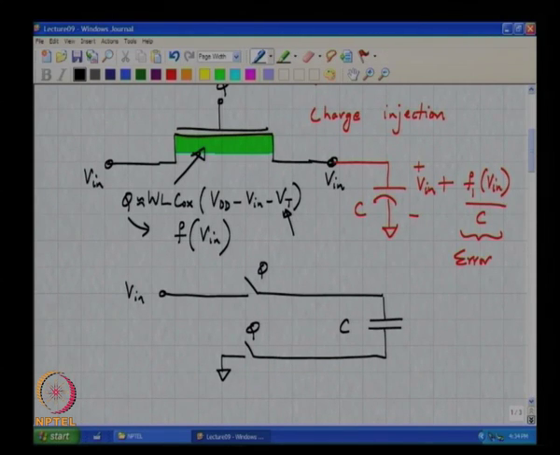You might wonder why use two switches when one is good enough, right? In principle there is no difference between this and the earlier circuit where we had only one switch, both of them accomplish the job. But finally, if you want to implement this with transistors, this is probably what we would do.